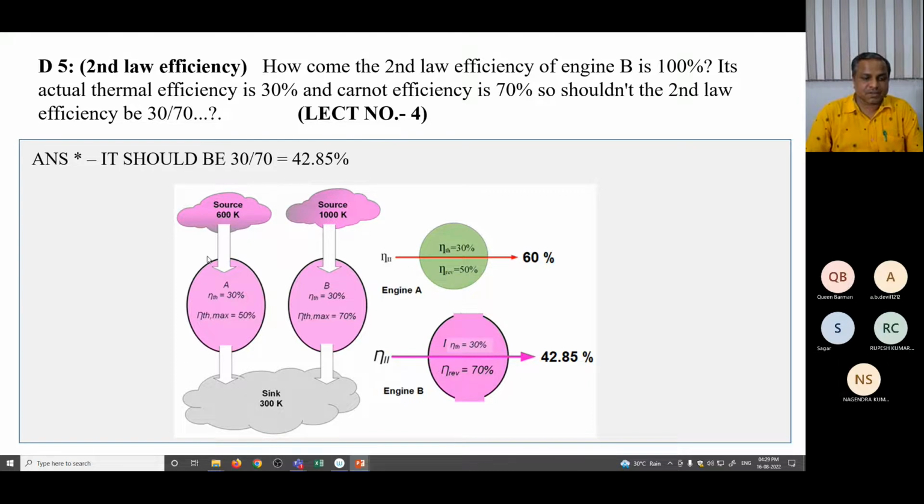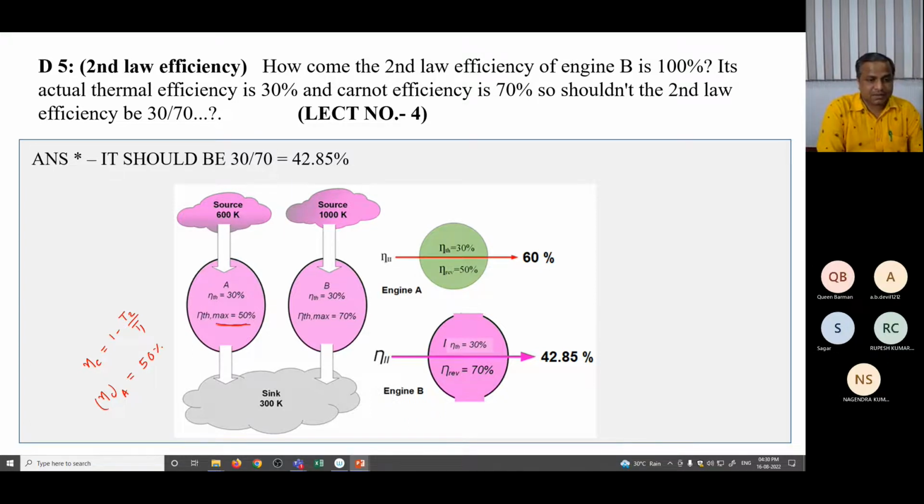Through this process, we can find its maximum efficiency, or Carnot efficiency, is 50%, which means eta Carnot is equal to 1 minus T2 by T1. Here T2 is 300 Kelvin and T1 is 600 Kelvin. So for engine A, Carnot efficiency is 50%.